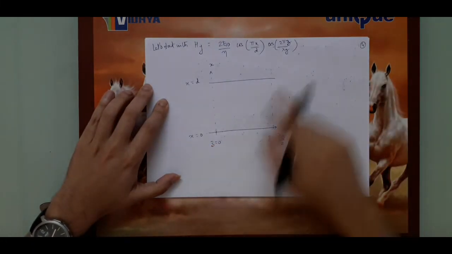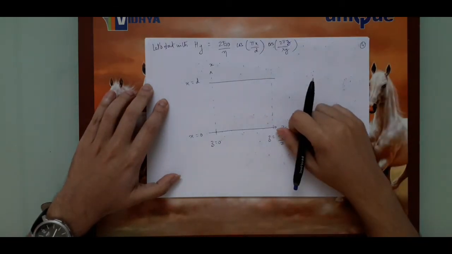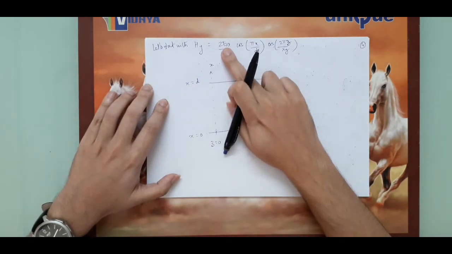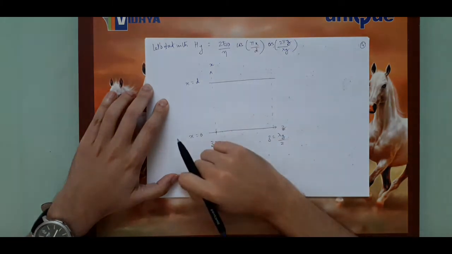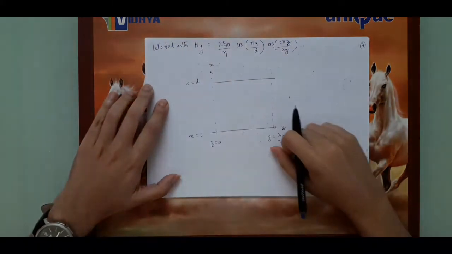Let z be equal to 0. So if z becomes equal to 0, the second cos term becomes 1, and what we are left with is 2E_i0 by eta, which is a constant, times cos pi x by d. So on this axis we just have this term, cos pi x by d.